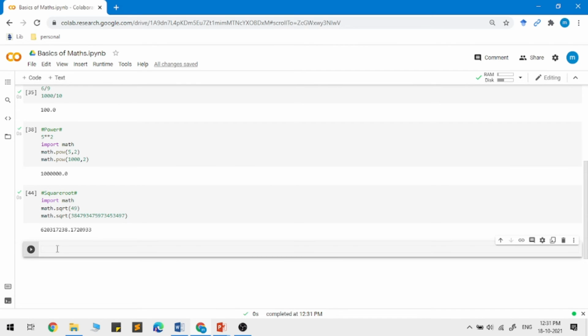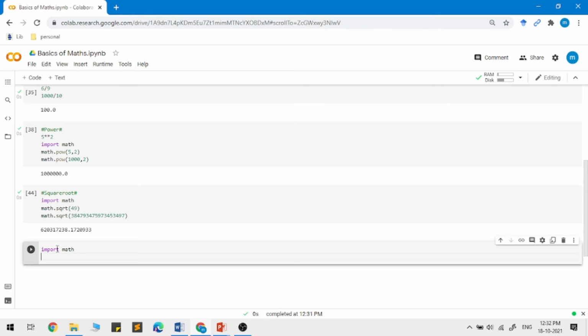Next, I'm going to teach you how to bring out the values which are already kept in the library. So import math. I want the value of pi. So math dot pi. We know the value of pi is nothing but 22 by 7.